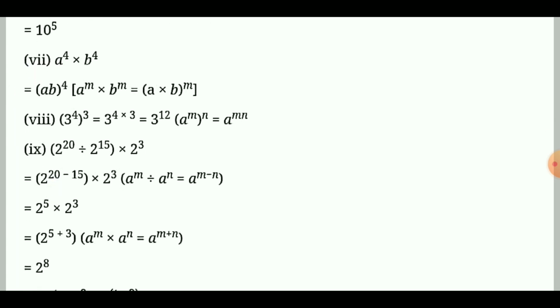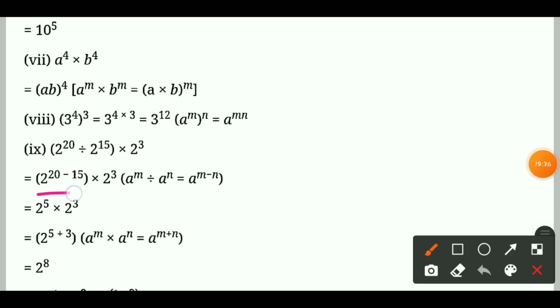In your copy you have to write like this. Every time, whatever law you are going to use, you have to write inside the bracket like this. Okay, so in this we are going to use this law, and in this I have used this law.